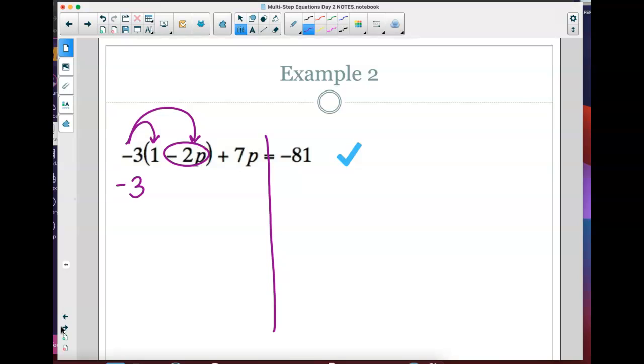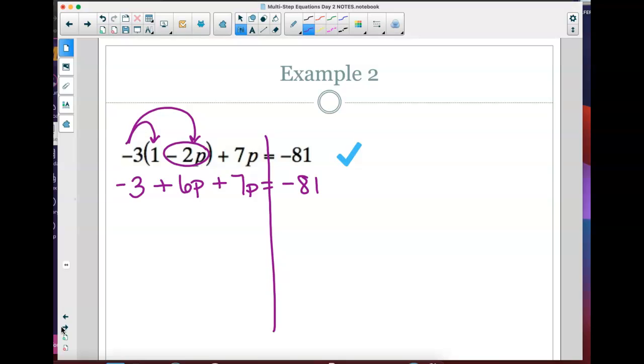What's -3 times -2? Positive, right? Positive 6. So we're going to put plus 6p. Do I distribute to the 7p? No, that wasn't in the group. So plus 7p equals -81.